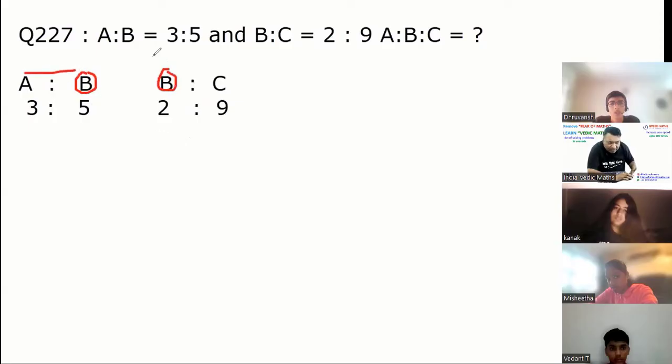In AB, B is there, and in BC, B is there, correct? Agree, everyone? So now, what are we going to do? We are going to make both the B the same.